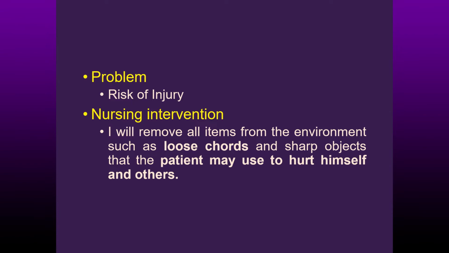You write your problem there. Here it is risk of injury. Then you also write the subheading nursing intervention. Then you write your interventions down under nursing interventions. Okay, so this problem must be labeled problem number 1, then problem number 2, problem number 3, until you write all the problems that you have been asked to identify and discuss.